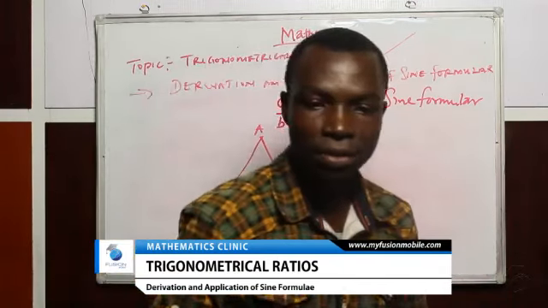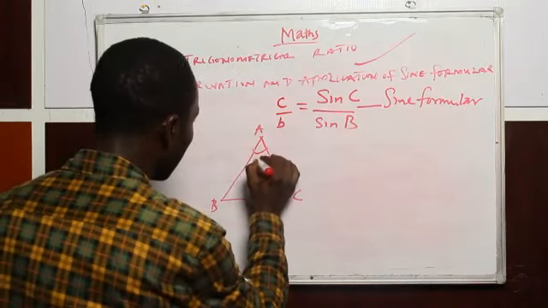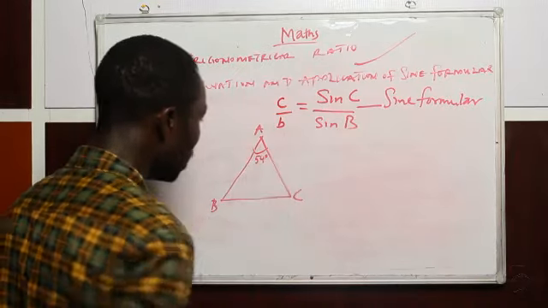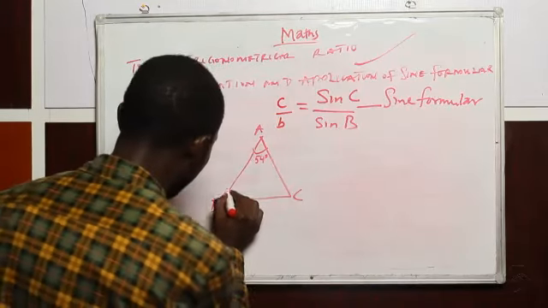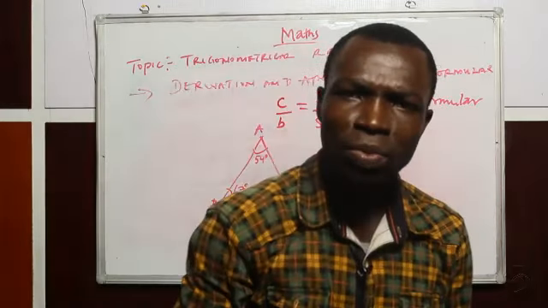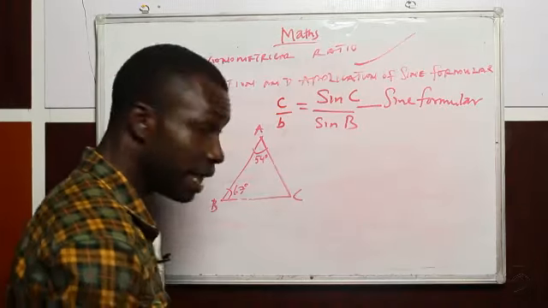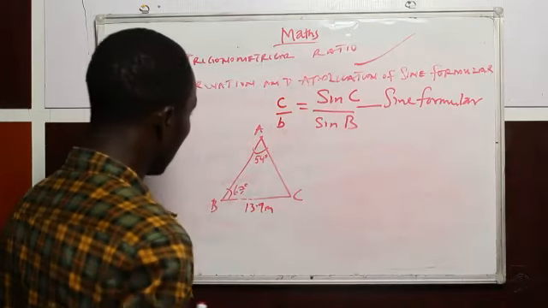Angle A is 54 degrees, angle B is 67 degrees. Now, our small letter a, which is the side, is 13.9 meters.